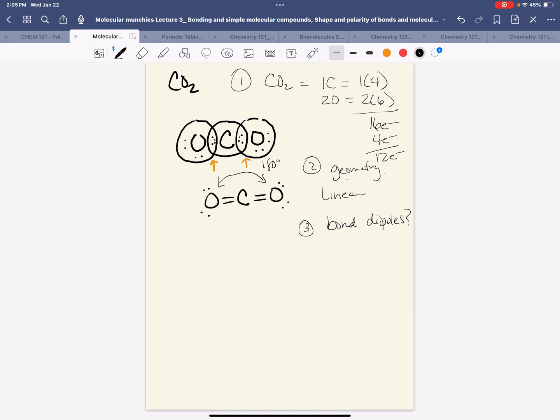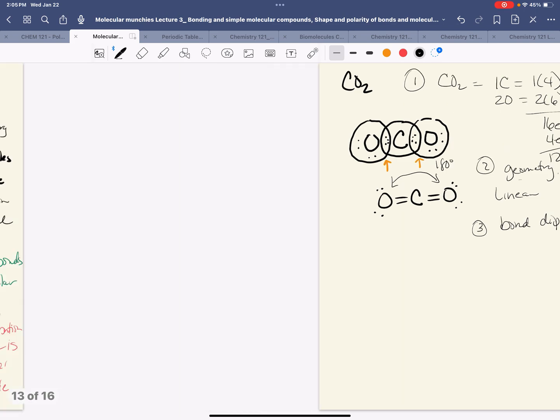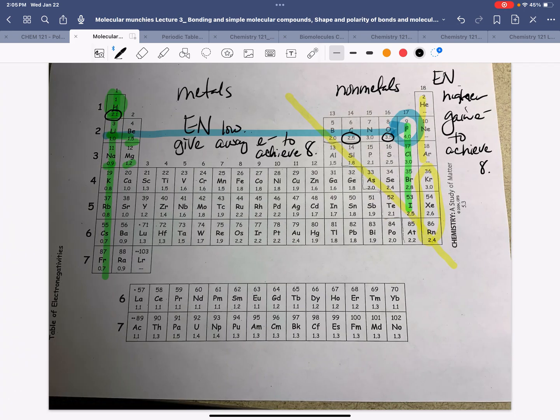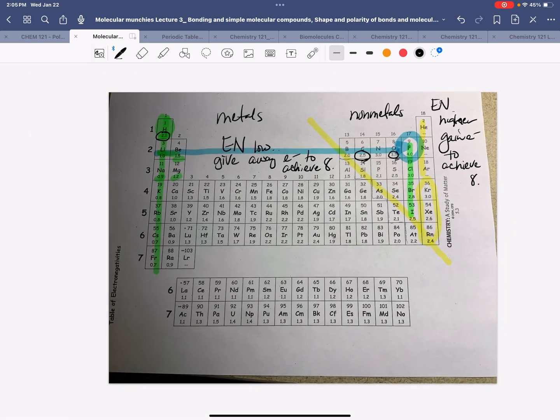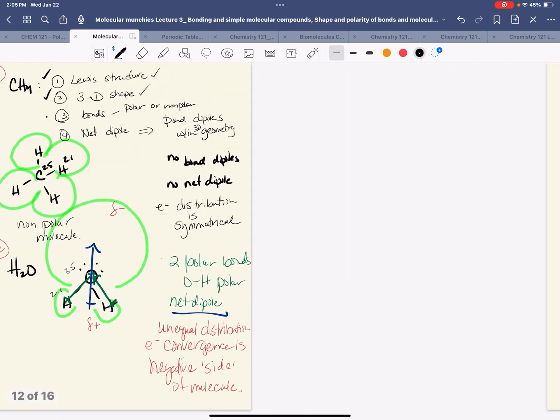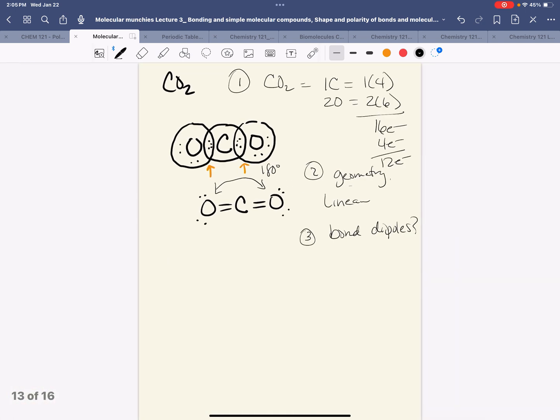So we ask ourselves the question. We look at the electronegativity from the chart. So I'm scanning over here. I think it's on the back side now. Where is it? There it is. We're looking at carbon and oxygen. We know that carbon is 2.5 and oxygen is 3.5.